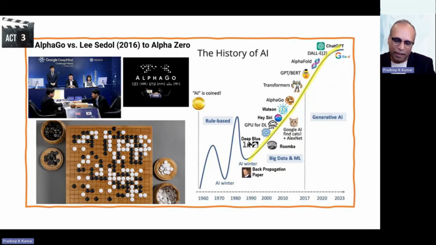The defeat of the Go player in 2016 was, to the Chinese, a Sputnik moment, just like when Russia put the first Sputnik in the sky. Go has been played in China and the Asian continent for over 10,000 years. There were 280 million people watching the game online, and it was a big blow to their ego.